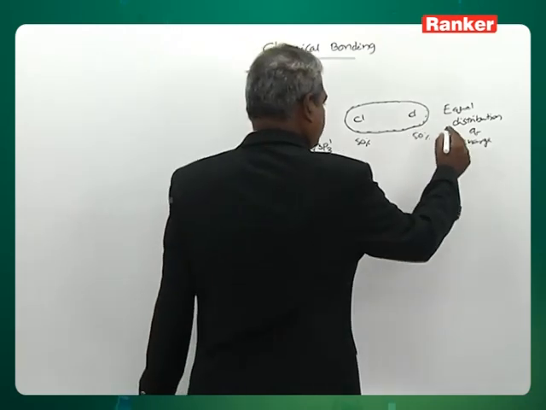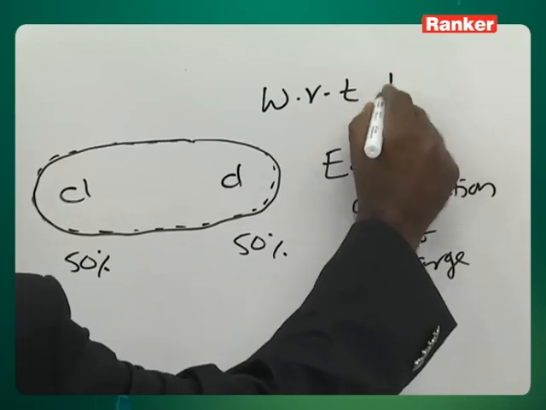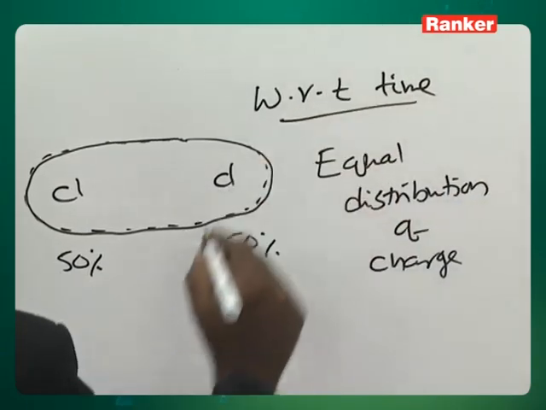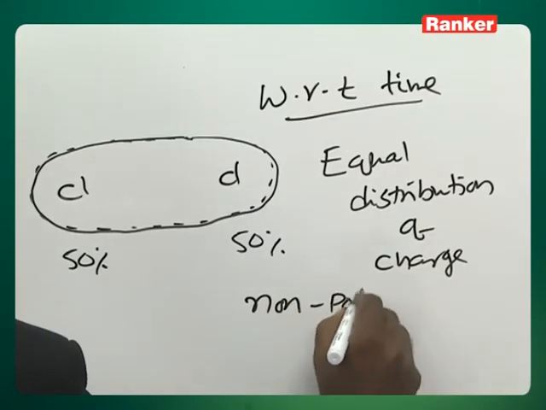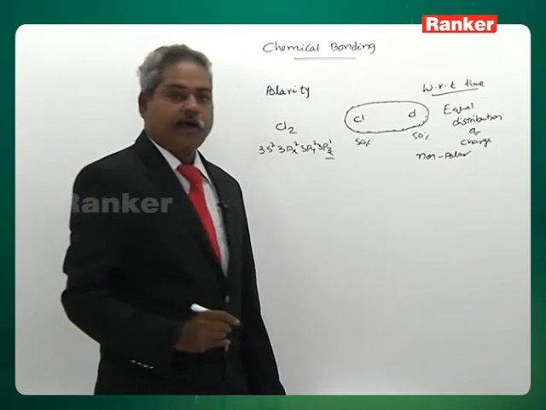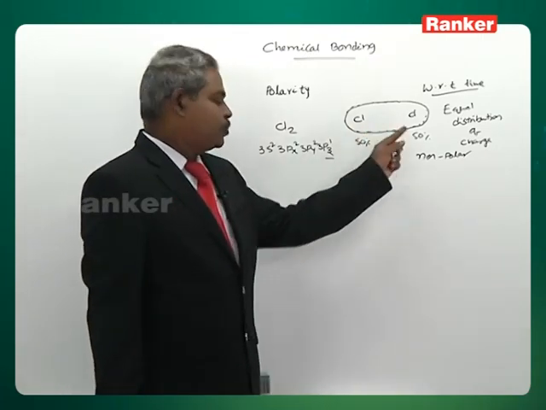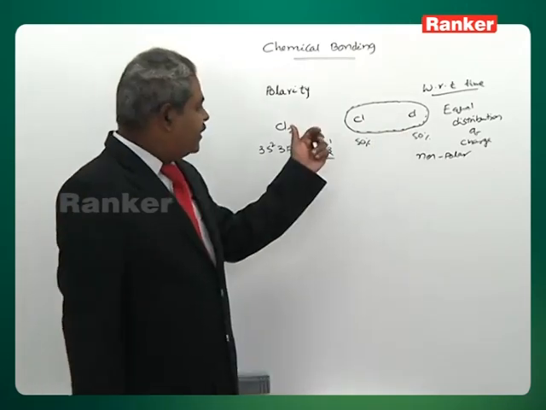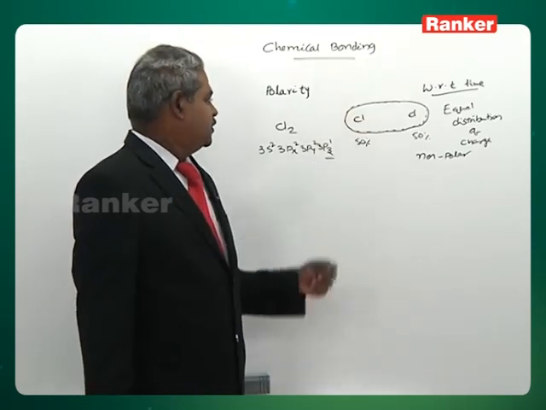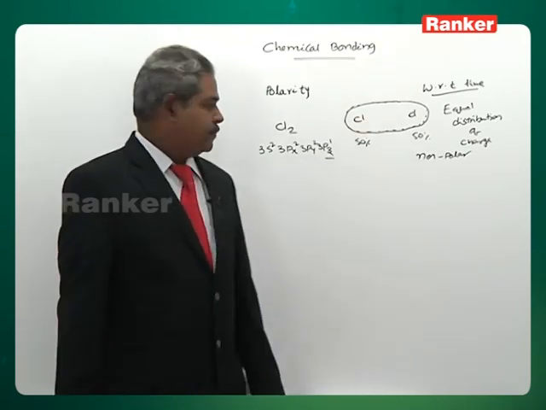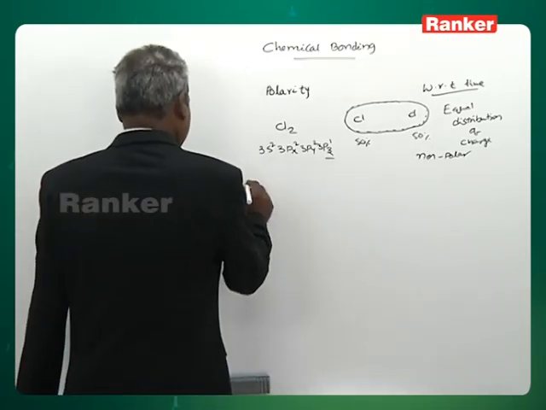So, equal distribution of charge with respect to time. This is called a non-polar covalent bond. That is, no atom between these two is more negatively charged than the other. Both are equally negatively charged because it is equal distribution of charge. And look at the molecule HCl.